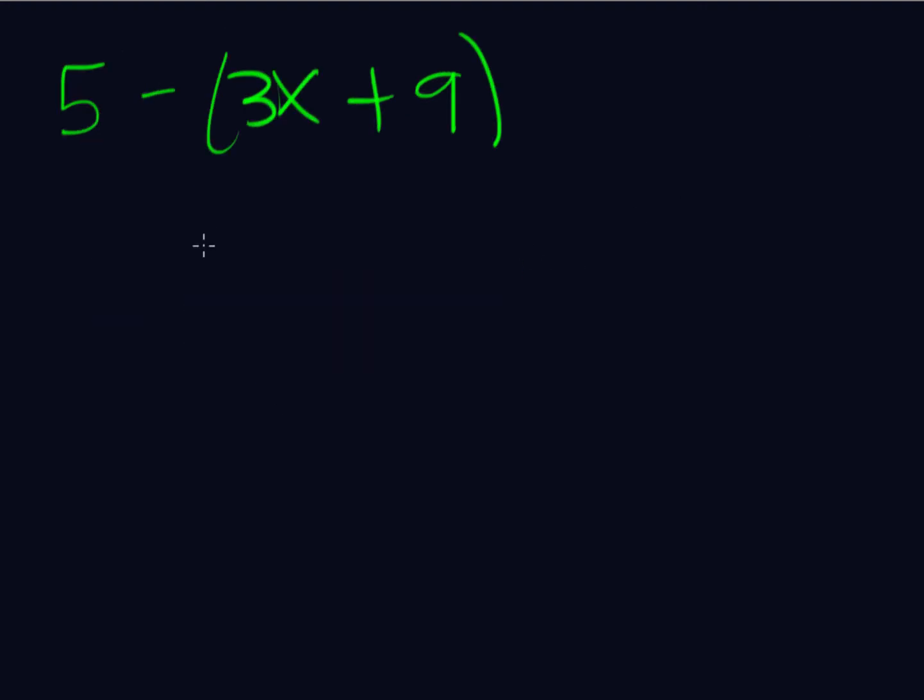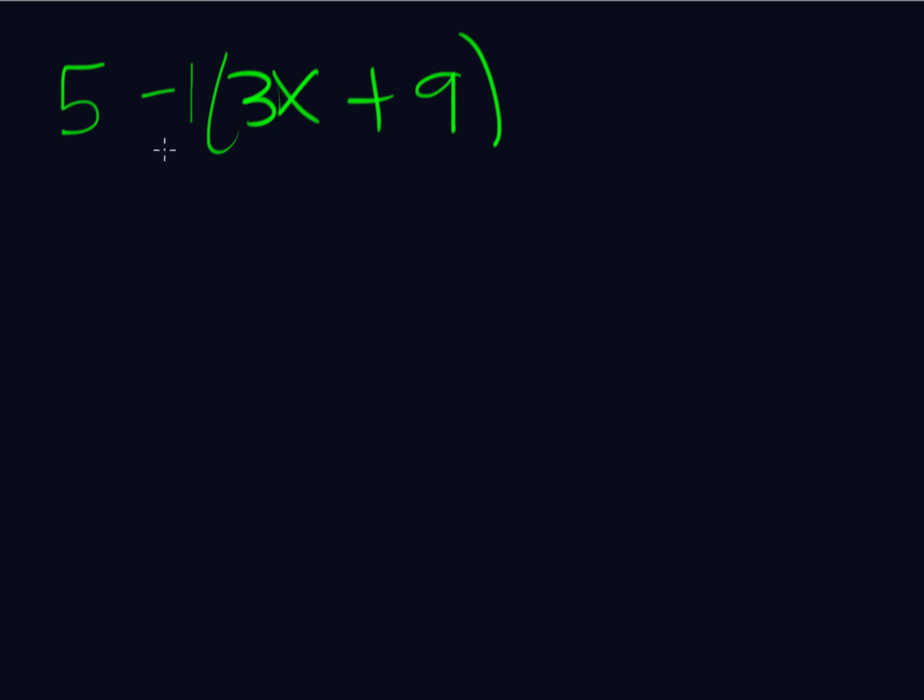5 minus 3x plus 9. So let's see. In front of the parentheses, we have this negative sign. And just like one of the problems that we just worked, I'm going to assume that this is negative 1 right here. And we're going to remove the parentheses.